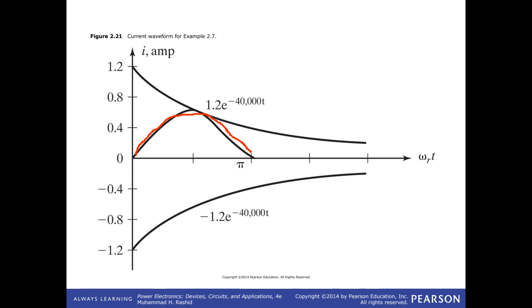So this is the envelope, and that is the current waveform. So you can see that the current is going to become 0 at pi. This system is not allowing a negative current again. That is one important conclusion. That's why probably Mohammed Rashid put that problem in it.